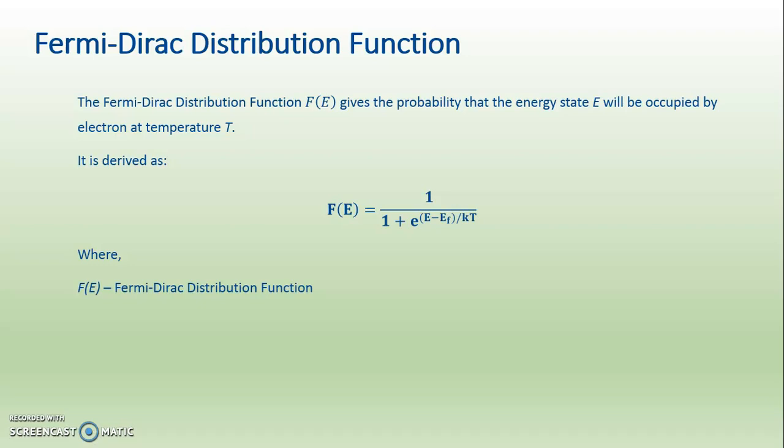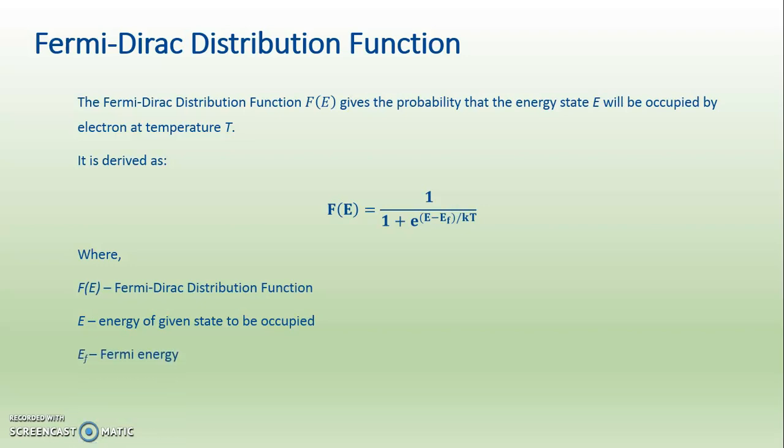Next, E. This E is the energy of the eigenstate to be occupied, meaning the distribution function is applied to that particular energy state, that is E.